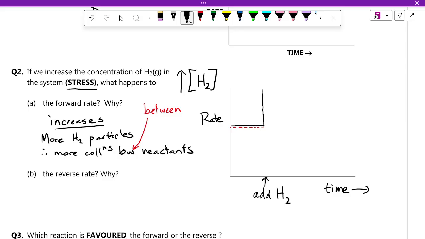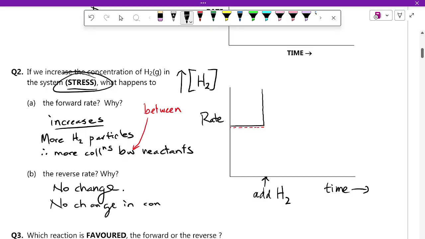What happens to our reverse rate in that moment? Nothing. We're talking about in the moment of that stress. So when we increase the concentration of H2, nothing happens to the reverse rate. There's been no change in the concentration of product particles, and therefore, there's the same number of collisions.